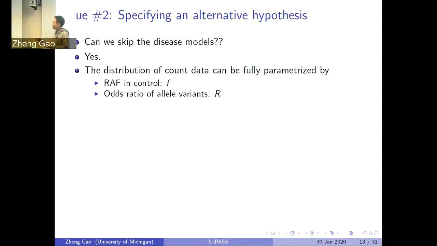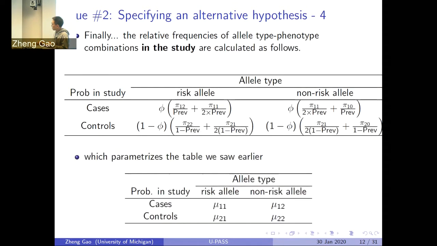And the other quantity is the odds ratio of the allele variance. And this quantity is really the ratio of the cross products in this 2 by 2 table. So pi 11 times pi 22 divided by pi 21 times pi 12. So it basically measures how off diagonal this table is, how associated these 2 marginals are.